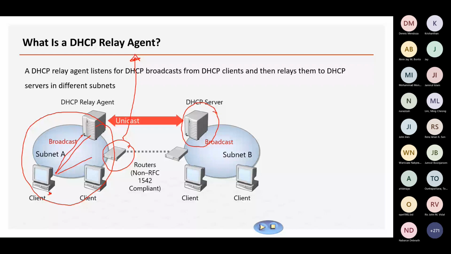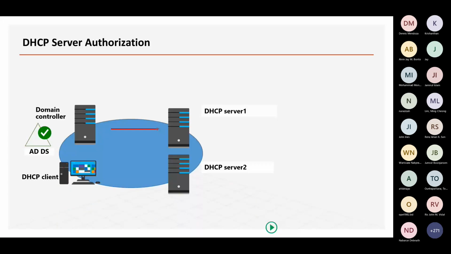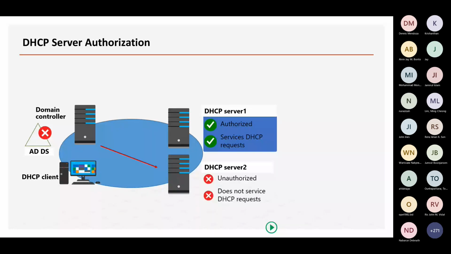Now, let me give you another scenario also here. A few minutes before, someone asked what will happen if there are two DHCP servers available in the network. I think before the break, someone commented on this.